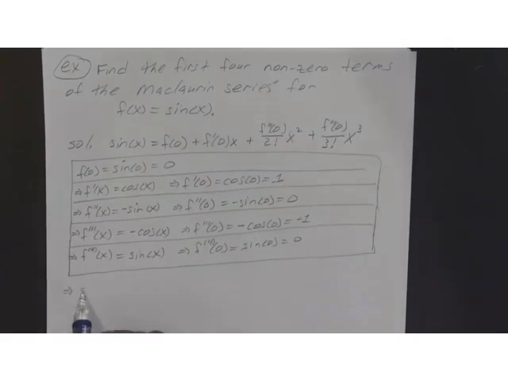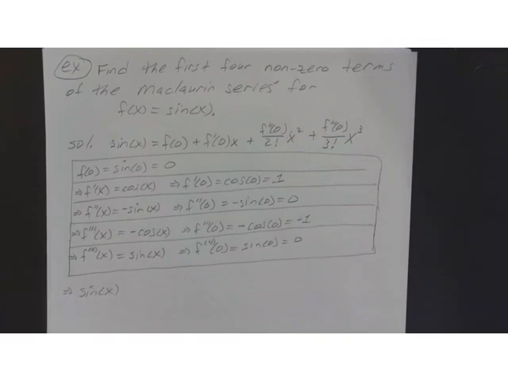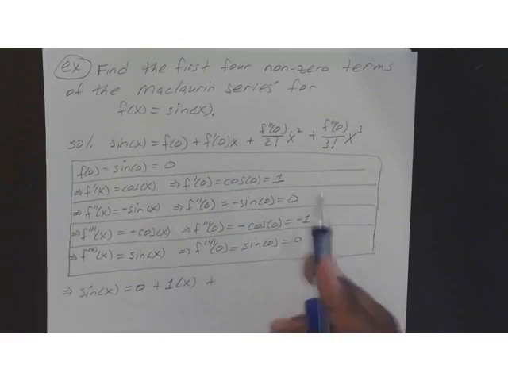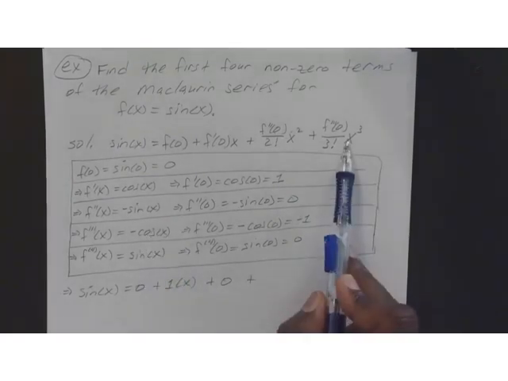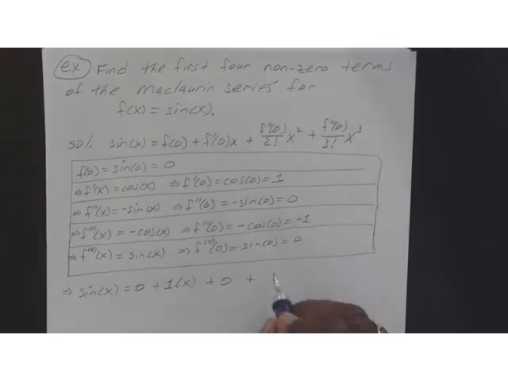Okay, so that means we know that sine of x written as a Maclaurin series is just f of 0, which is 0, plus f prime of 0, which is 1, times x, plus the second derivative at 0, which is 0, divided by, doesn't matter, it's still going to be 0, plus the third derivative at 0 is going to be negative 1, divided by 3 factorial, or you can just multiply it by 1 divided by 6, times x to the third power.